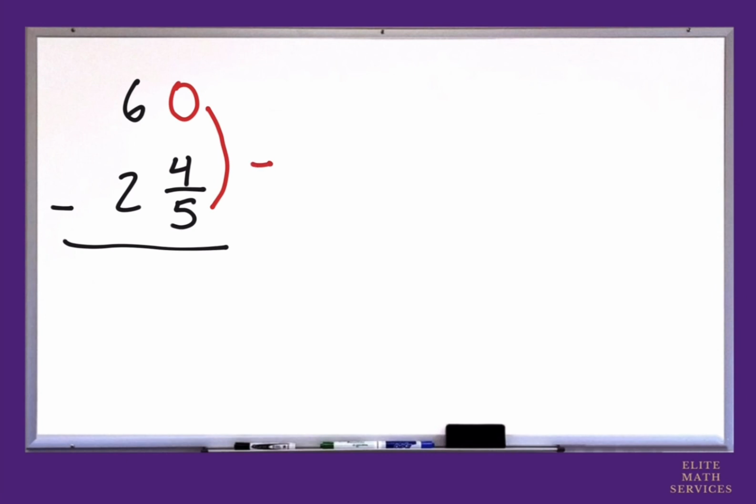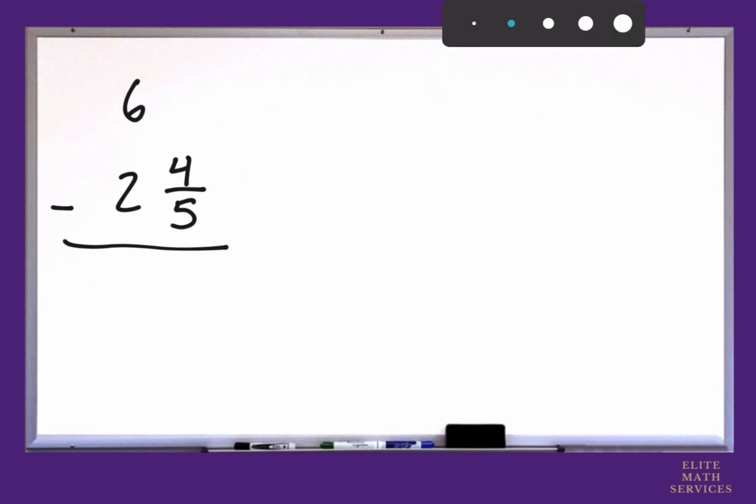So traditionally, when we are subtracting, if you do not have enough, we borrow from our neighbor. So that's exactly what we're going to do. We're going to borrow 1 from the 6, which now becomes 5. Then we must create a fraction out of this whole that we just borrowed.